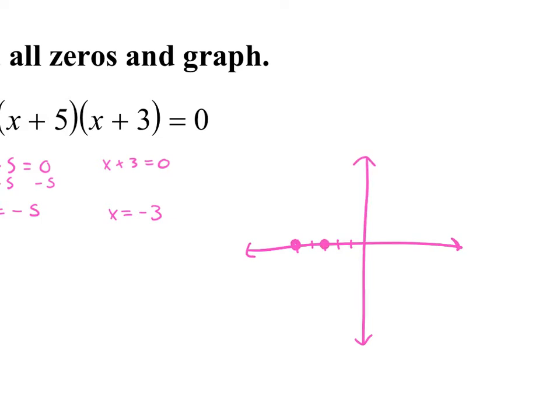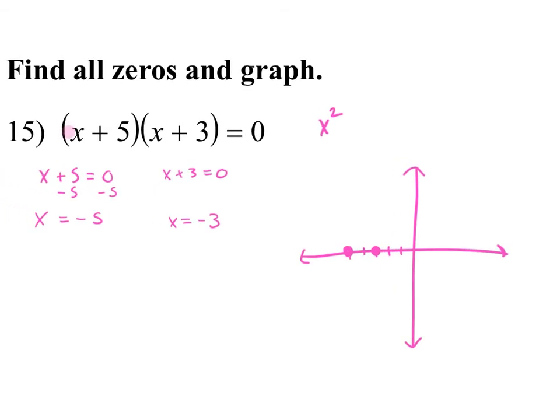So now we need to see how many x's are in our equation. 2. So it's an x squared graph. Is it positive or negative? Do any of these x's in our equation up here have a negative in front of it?